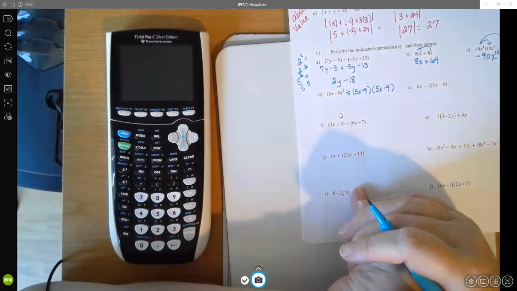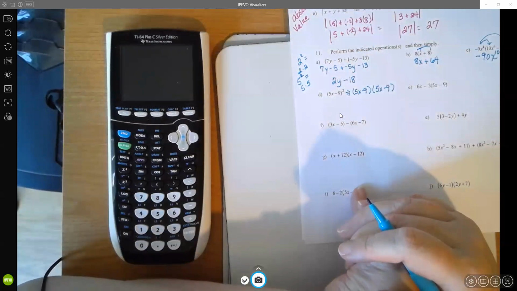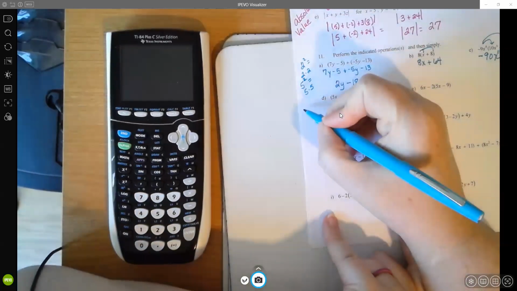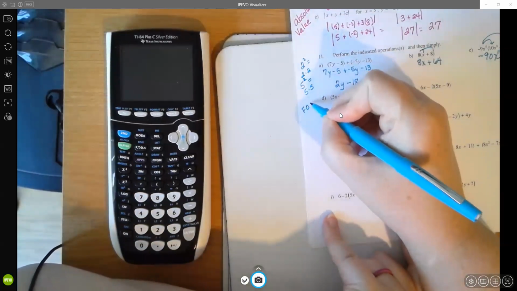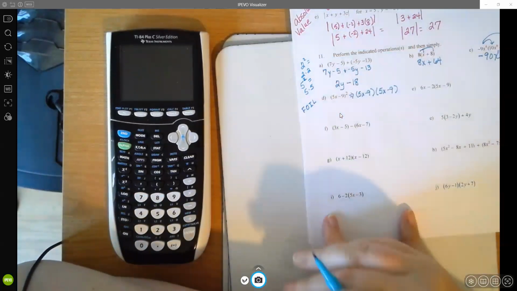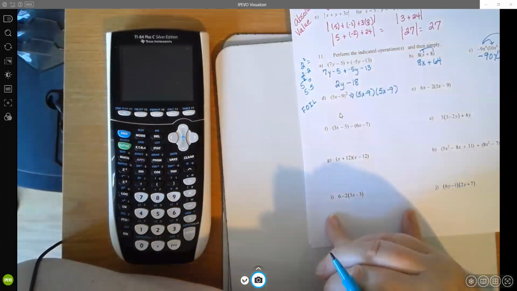In this case, we can't use a simple distributive, but we use the distributive property, and most of the time we use the initials FOIL to help us remember how to use that distributive.